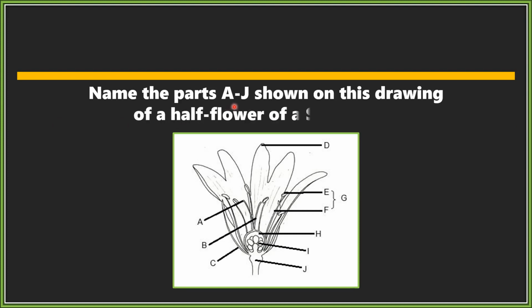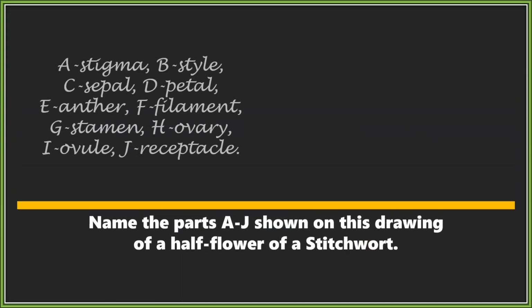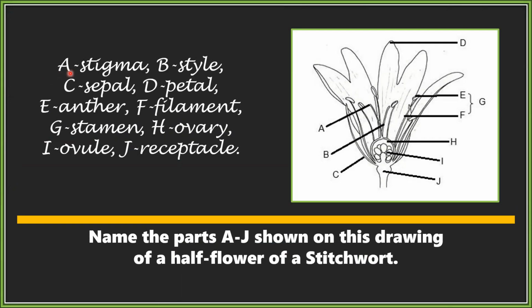Name the parts A to J shown in this drawing of a half flower of stitchwort. Part A is the stigma. Part B, this is the style. Then we have here, this is the sepal. Part D, these are petals.